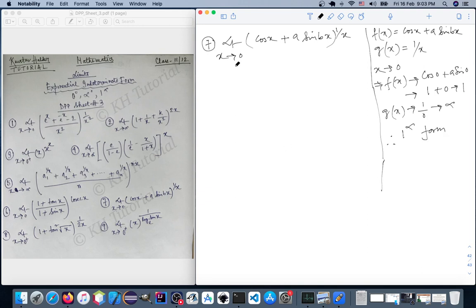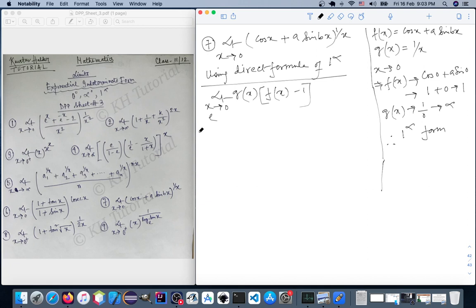We can directly use the direct formula of 1 to the power infinity. We get the answer as e to the power limit x tends to 0 of gx into fx minus 1.